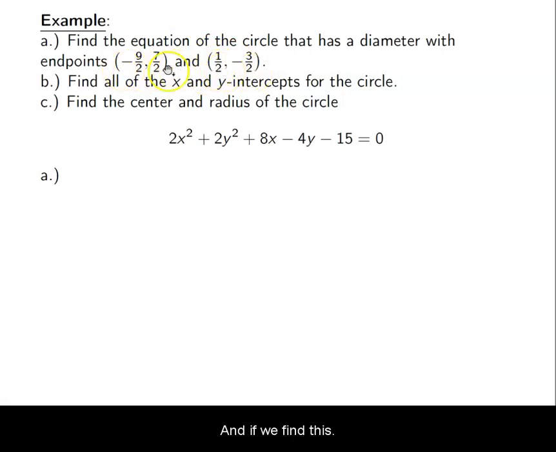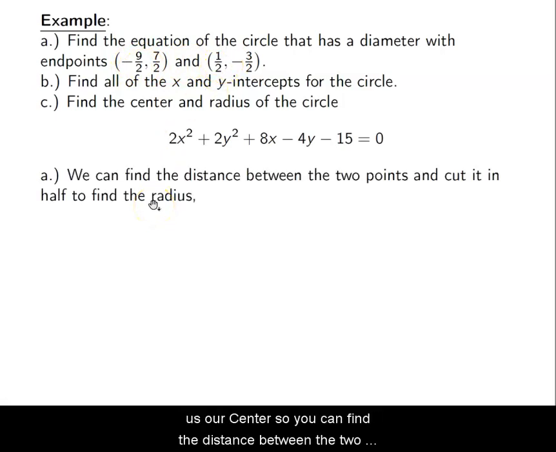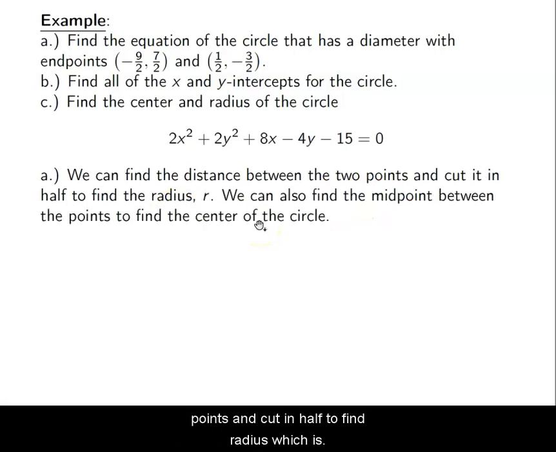And if we find this length, we can also use this to find the midpoint, which will give us our center. So we can find the distance between the 2 points and cut it in half to find the radius, which is R. We can also find the midpoint between these points to find the center of the circle. So that's what we'll do, because that's all that we need for the equation.